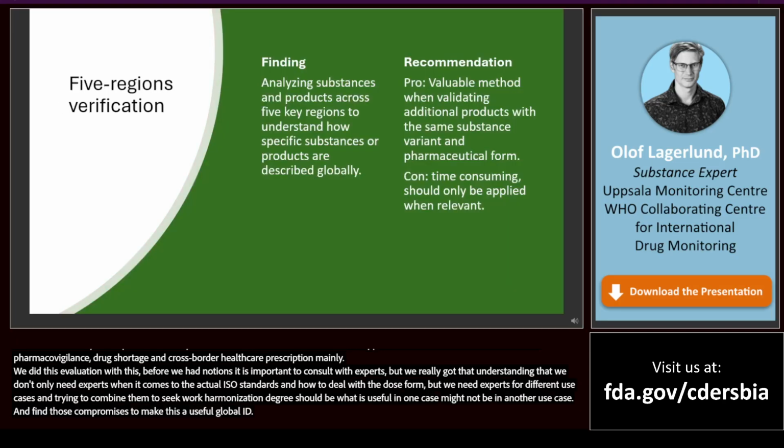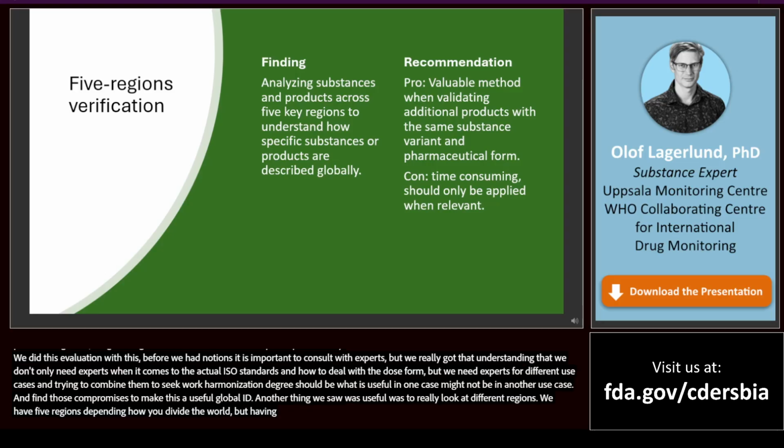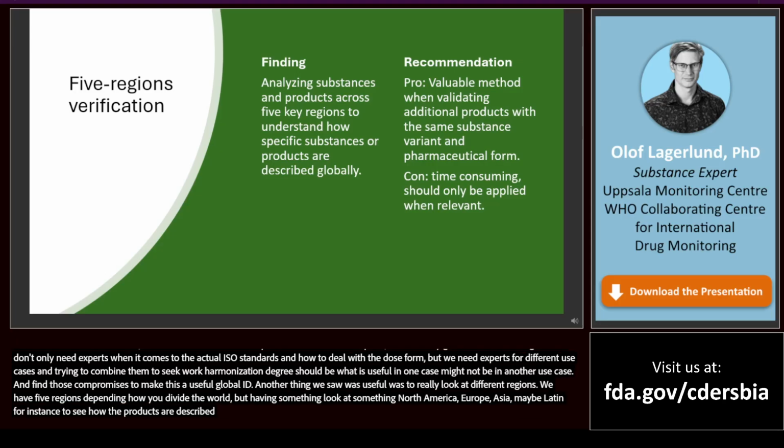Another thing that was very useful was to look at different regions. We have it here as 5 regions, though it depends how you divide the world. Looking at North America, Europe, Asia, maybe LATAM, for instance, to see how products are described and what the similarities and discrepancies are.